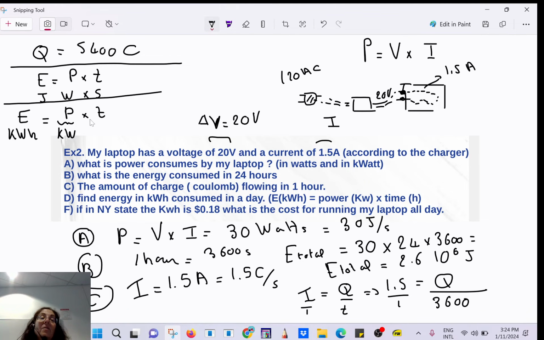Kilowatt. What's going to be the unit for time? Hour. It's just a different unit of energy: joule and kilowatt hour. We have the power here, so let's find the energy consumed in a day, so 24 hours. I'll give you some time so you can talk to each other.